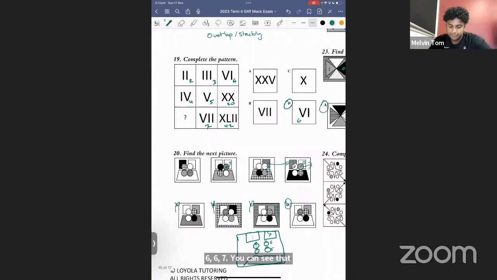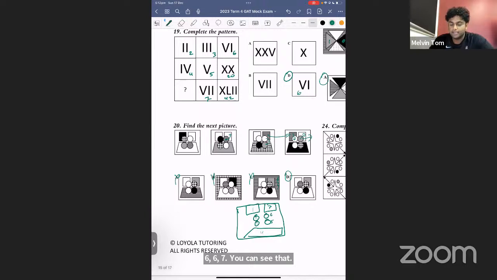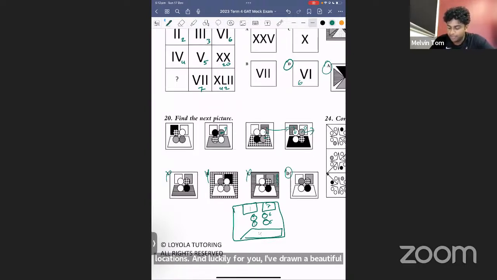Question number 20 is a classic colors question. The color is going through the different locations. And luckily for you, I've drawn a beautiful diagram here already at the bottom that shows you how the colors move. So actually, I'll rub it out and then do it again to explain it.